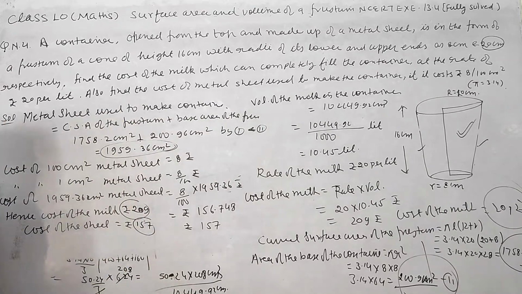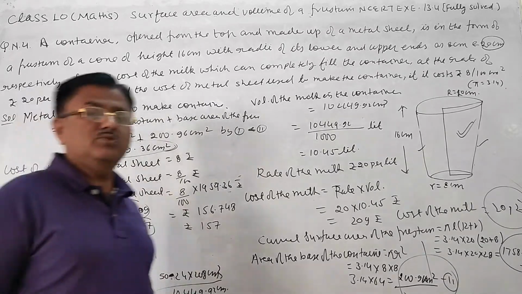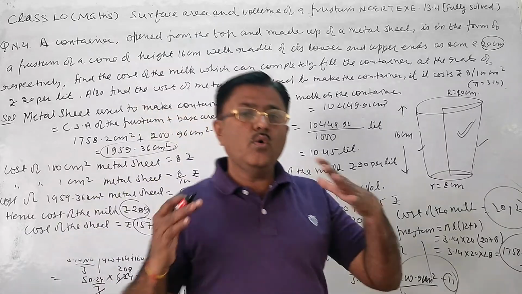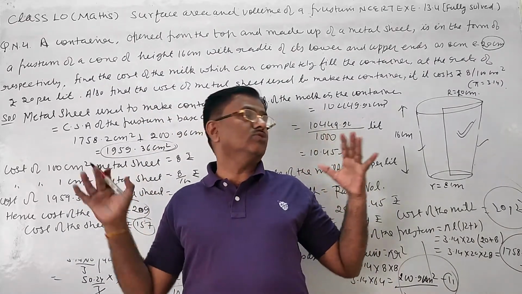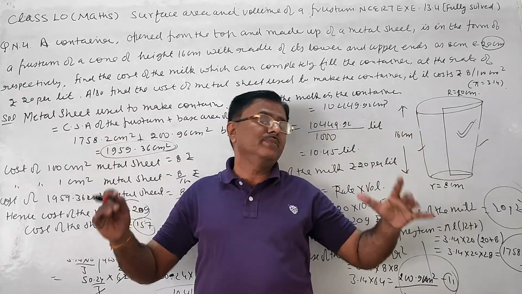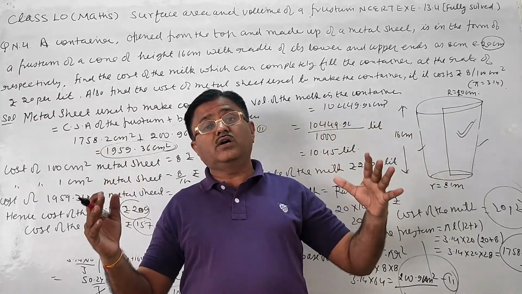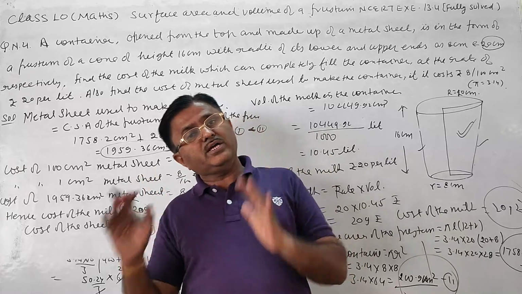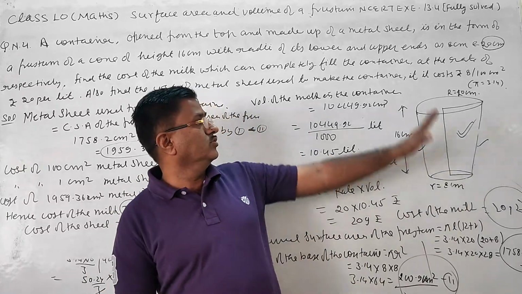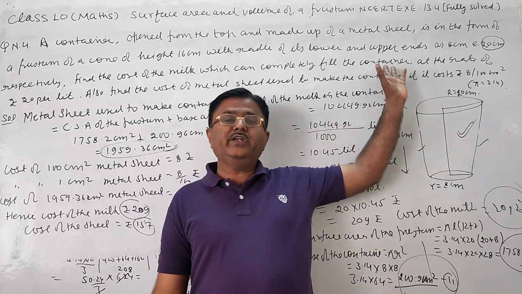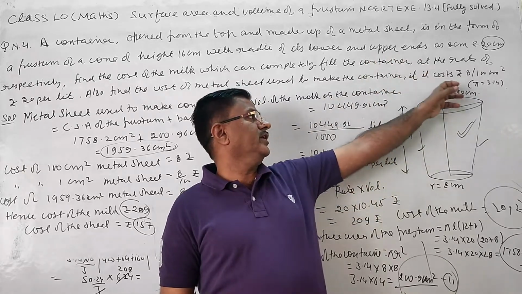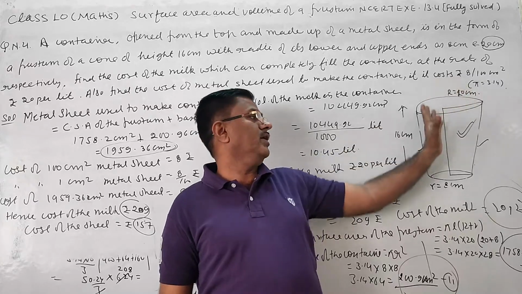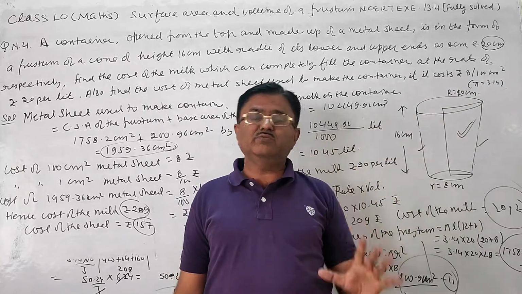So dear student, this is very important, how one can solve a problem like this, because this is a whole type of problem where we can use the volume as well as the surface area. You should be aware of the rate, at what rate the milk is there, or what cost of the metal sheet is there, that is very important.